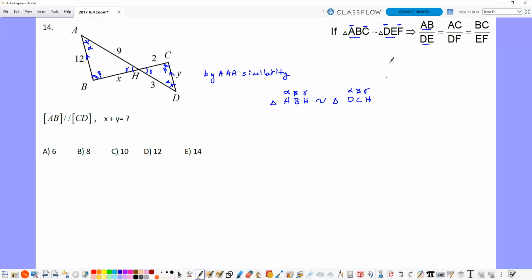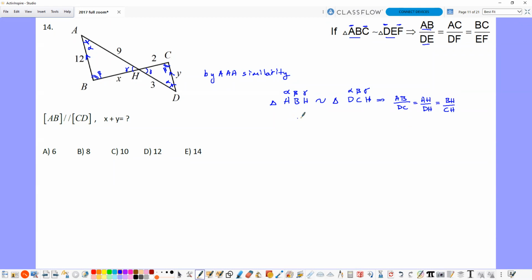With respect to this, the similarity ratios here are AB over DC, equal to AH over DH, and BH over CH. They are all equal to each other. Now I'm writing the lengths of the sides.